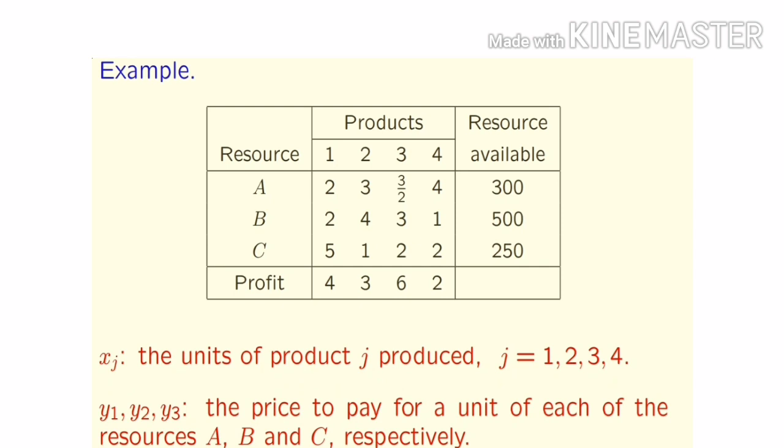The other 2 food products, that is food products 3 and 4, require nutrients A, B, C by the amounts 3/2, 3, 2 and 4, 1, 2 respectively.